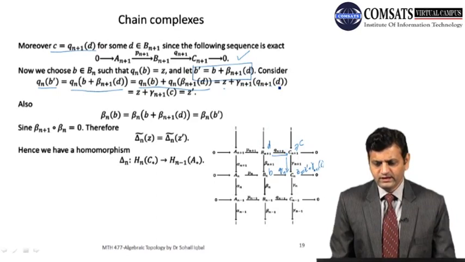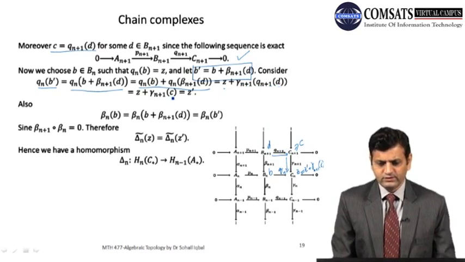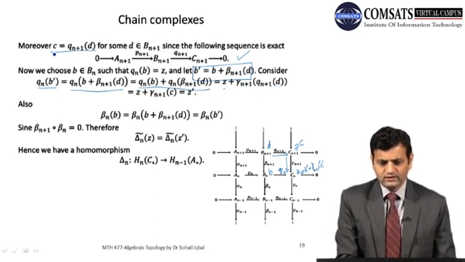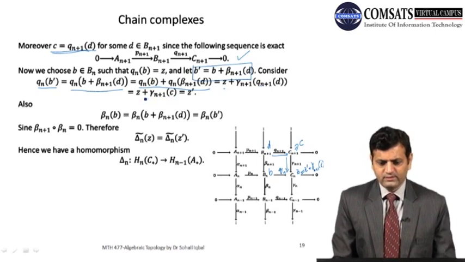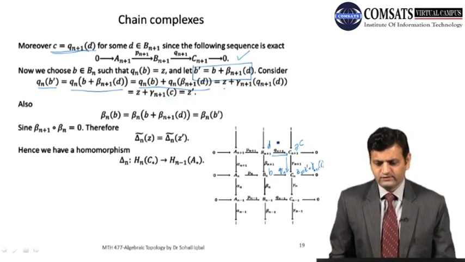Qn plus 1 of D is equal to C using this, and Z plus gamma n plus 1 of C is equal to Z prime, because that's how we defined it.